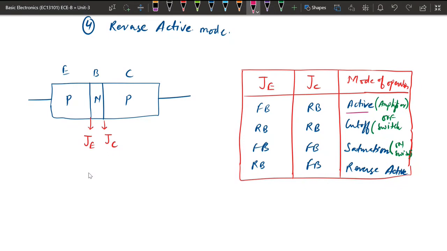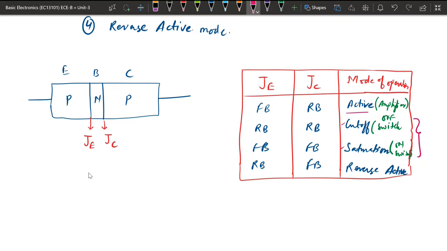So a most frequently asked question is, if a BJT is going to work as a switch, in what particular mode should it be operating? The answer is the cutoff as well as the saturation.